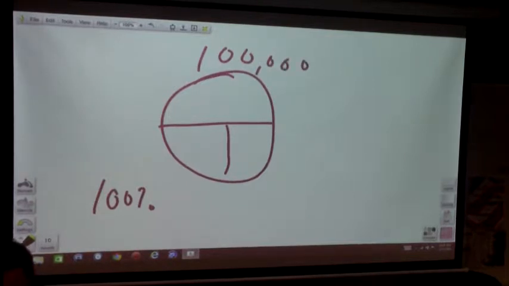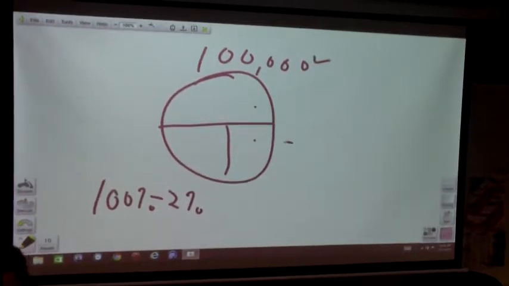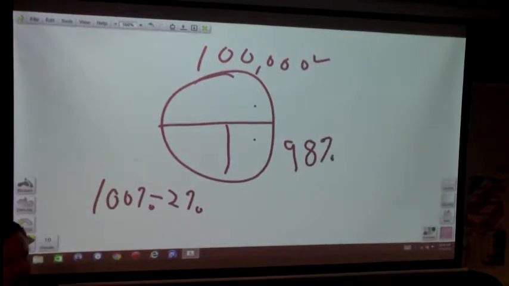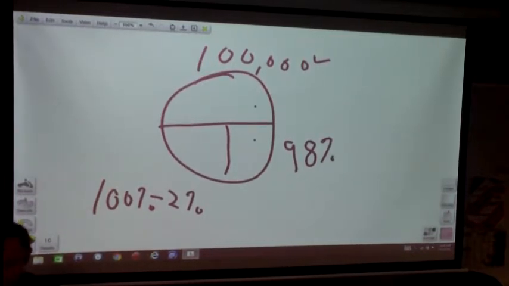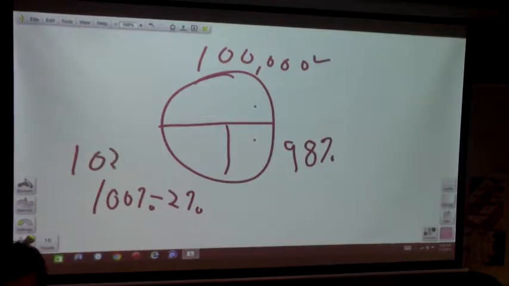It's also our 100% after we subtract 2%. So it means that this figure up here is 98% of the figure we're looking for. So we have 100,000 divided by 98%. It'll be 102,041.